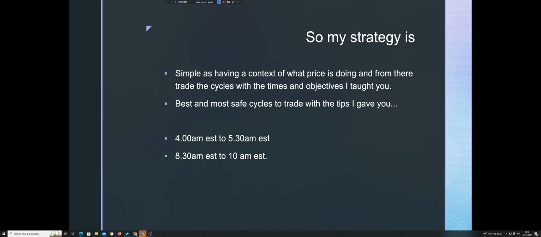That's how I trade the 8:30, and it's the one I must trade. And then the last cycle of New York, I already told you how to trade it. But yeah, that's basically how I trade those cycles, and that's basically what cycles I trade, and this is my strategy.